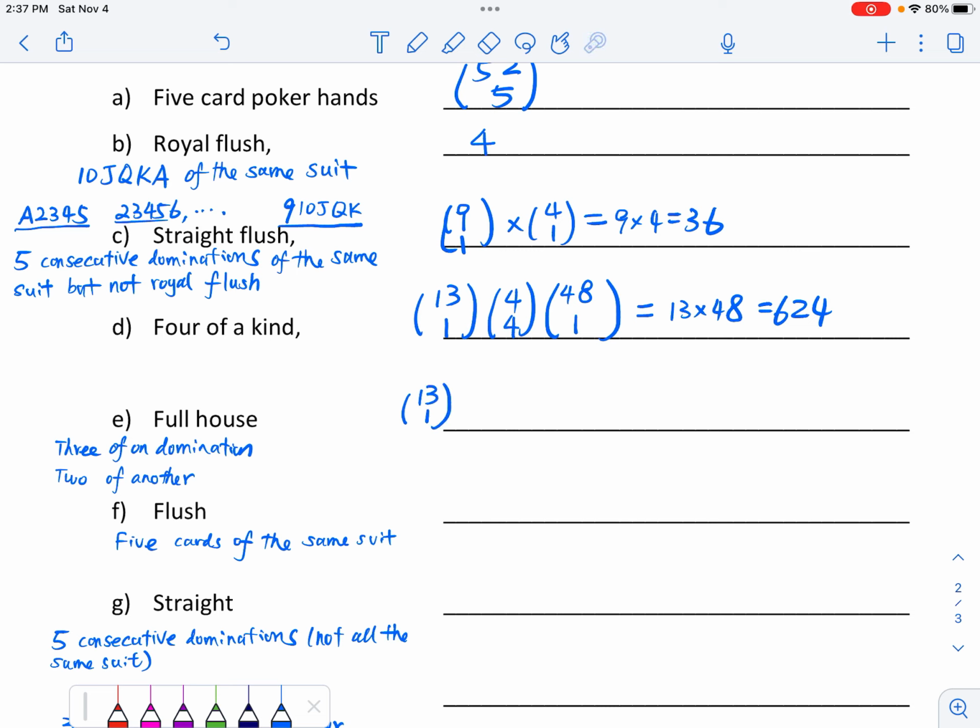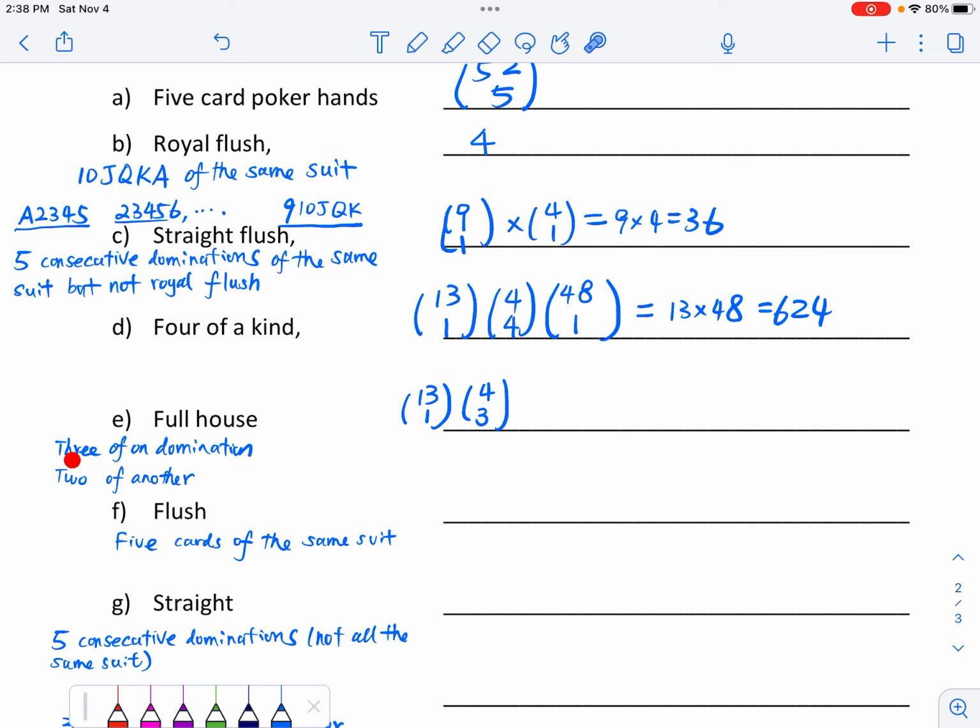That means I'll select one denomination for my 3 cards that have the same denomination. And because we have 4 cards of this denomination, we are going to choose 3 cards out of the 4 cards of this denomination, right? So that's step 1.